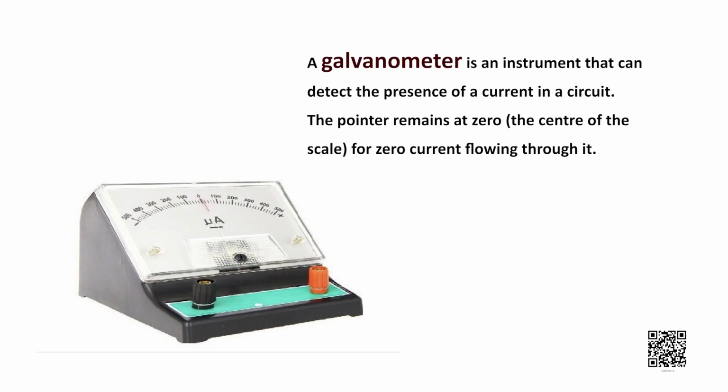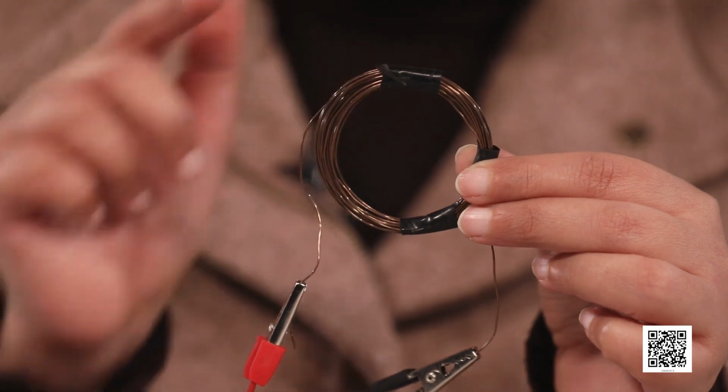Remember, a galvanometer is an instrument that can detect the presence of a current in the circuit. The pointer remains at 0, that is the center of the scale, for zero current flowing through it. We'll perform a small activity. I have taken a coil of wire which has a large number of turns.